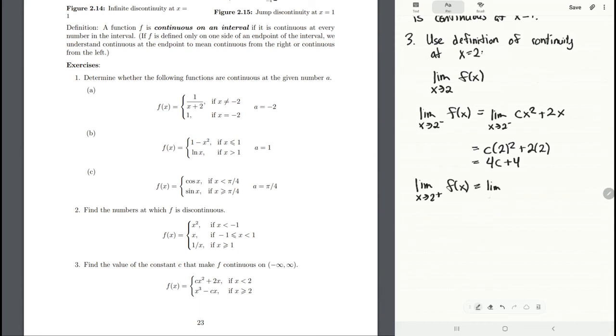If we're approaching 2 from the right, x will be slightly larger than 2, and our function will be equal to x cubed minus cx. Now taking the limit, we let x go to 2. We have 2 cubed minus c times 2, so this is 8 minus 2c.